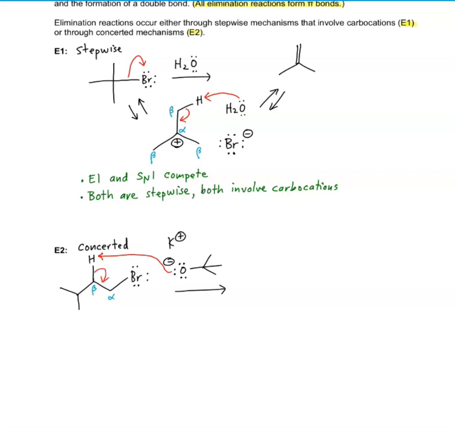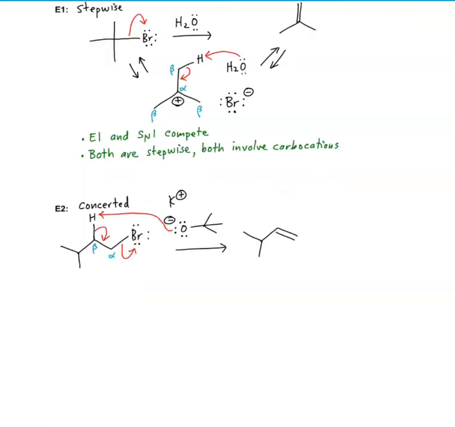The electrons between the beta carbon and that proton move down between the alpha and beta carbons to form the alkene. That would exceed the octet on the alpha carbon, so a pair of electrons has to move away, and that's the function of the bromine leaving group. So the bromine departs with the pair of electrons that join it to that alpha carbon. The result is an alkene.